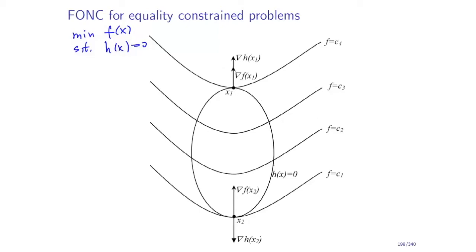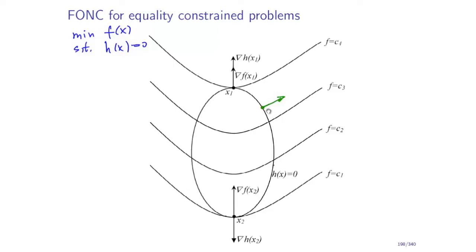So we know that if we take an arbitrary point here, let's say in the level set that describes the feasible region, then the gradient must be orthogonal to the corresponding level set, so it points like this. And we also know that the gradient points in the direction of the function increase, right?